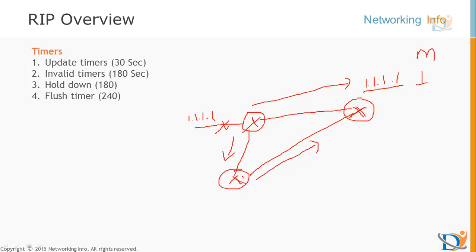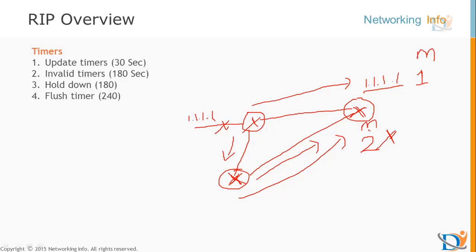So in this case, this router knows about that entry, so it is going to send this entry to this device. This device says, whatever information you are sending me is coming with metric value of 2 and I have the metric value 1, so I will ignore your route. I will not believe in you.